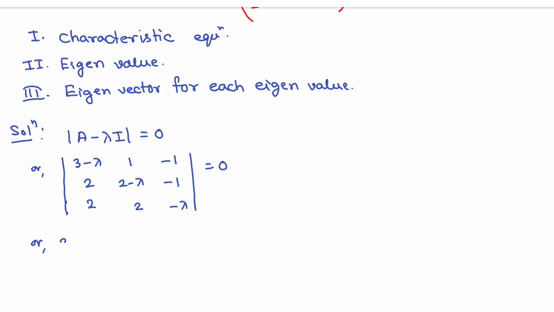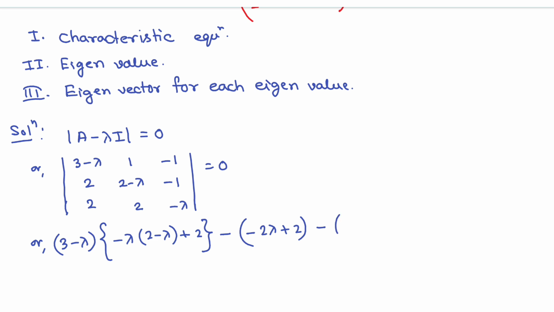If you calculate this, (3 minus lambda) into (minus lambda)(2 minus lambda) plus 2, minus, minus 2 lambda plus 2, minus 4, minus 2 into 2, 4, plus 2 lambda, equals 0.